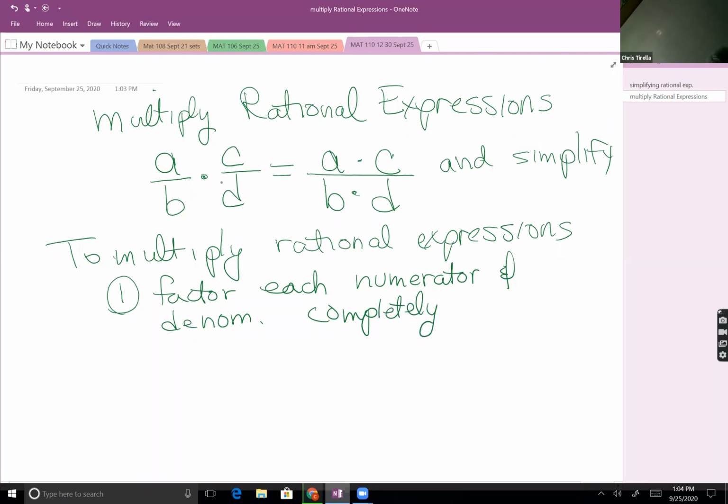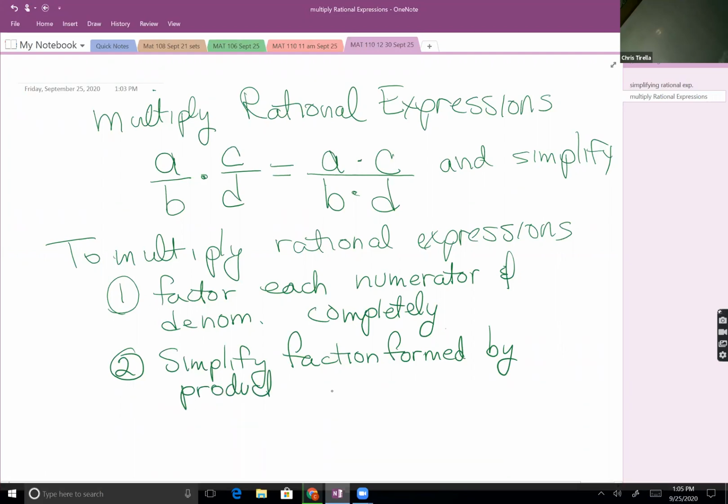And then because we can kind of just think of it as one great big fraction, the product of the numerators over the product of the denominators, we're going to simplify the fraction formed by the product of the factors. You're going to find that most times they let you leave your final answer in factored form.